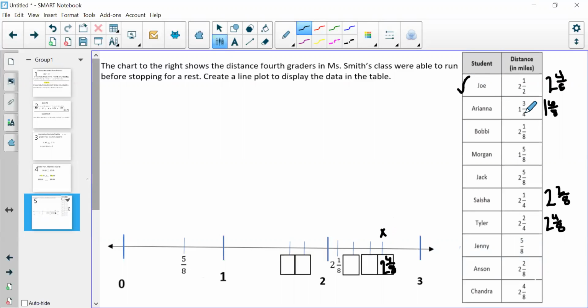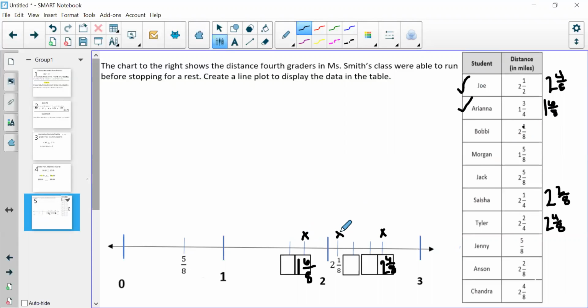Ariana ran 1 3/4, which is the same as 1 6/8. So 1 6/8 is going to go right about here because it's pretty close to 2 wholes. And then you're going to mark it with an X right above. And that's Ariana. Bobby ran 2 1/8, which is already marked for us.